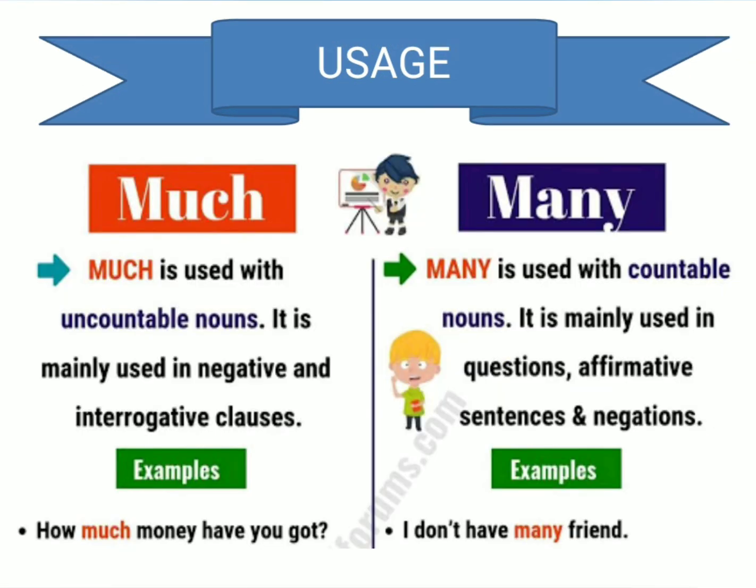Next we have much and many. Much is used with uncountable nouns, whereas many is used with countable nouns. For example, "How much money have you got?" We don't know the amount of money. But "Do you have many friends?" means I can count how many friends I have altogether.